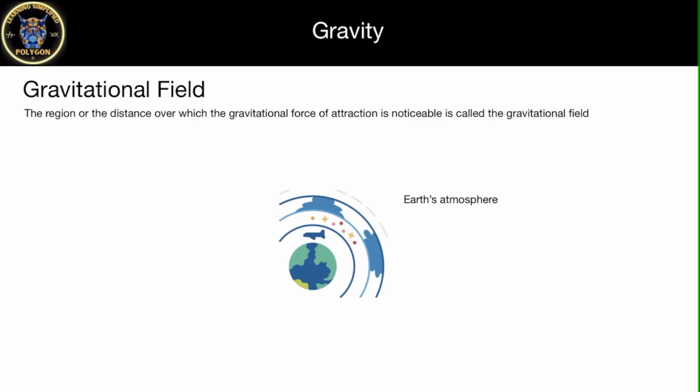The distance or the region over which the gravitational force of attraction is noticeable is called the gravitational field of the object. For Earth, gravity is typically noticeable through the Earth's atmosphere, though it decreases in strength as you reach the upper layers of Earth's atmosphere.